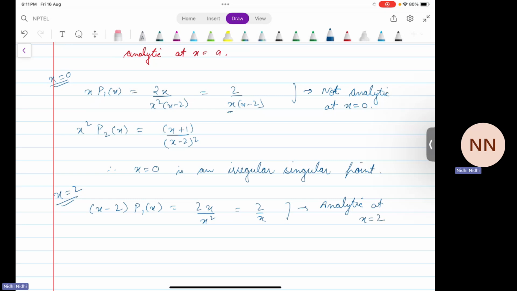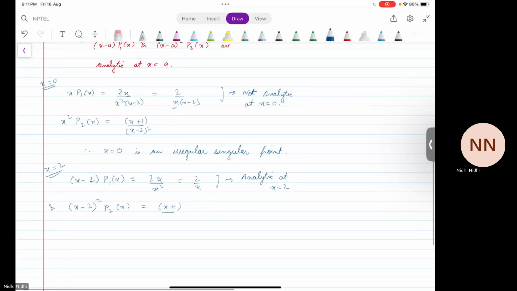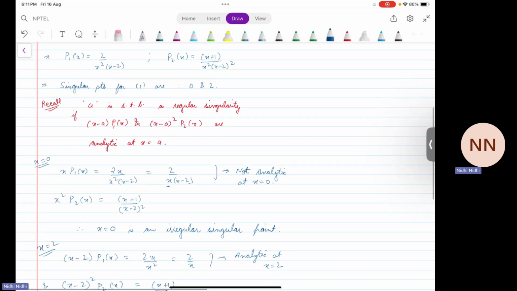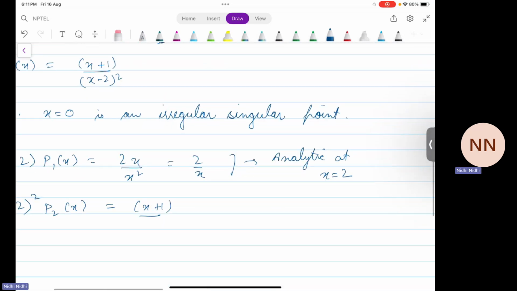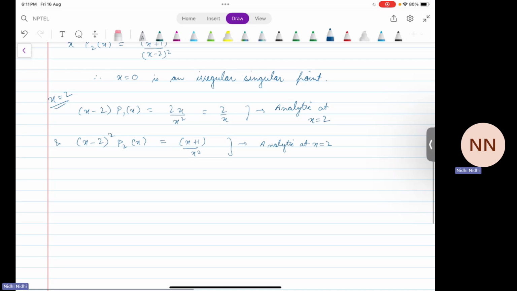We don't have any kind of singularity at x equals to 2 for (x minus 2) p1(x), and (x minus 2) square p2(x) is (x plus 1) by, what was p2(x)? (x plus 1) by x square. Again, this is also analytic at x equals to 2. This gives us that x equals to 2 is a regular singularity.